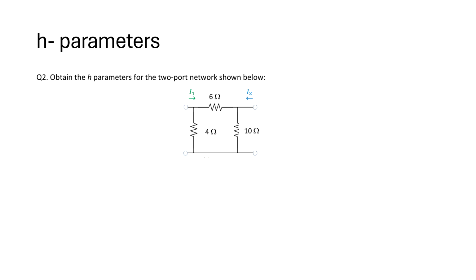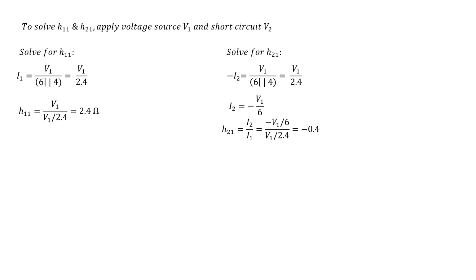Now for the next question, question 2, we have to solve for the h parameters for the two-port network shown below. First we solve for h11 and h21, where we apply the voltage source V1 and short circuit V2.